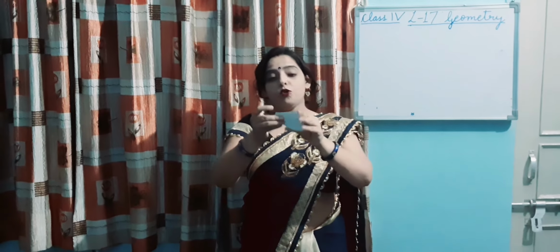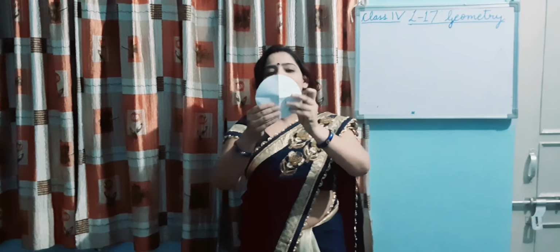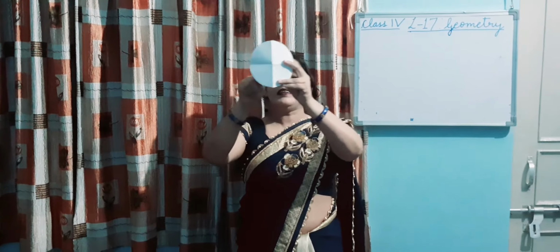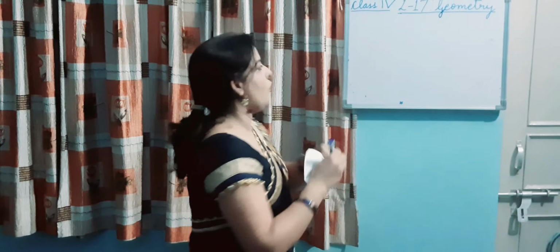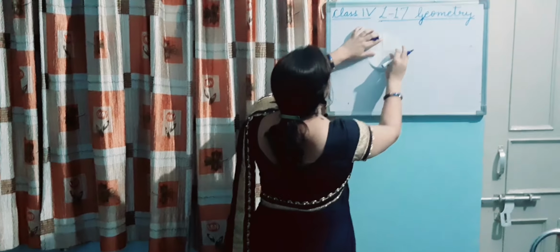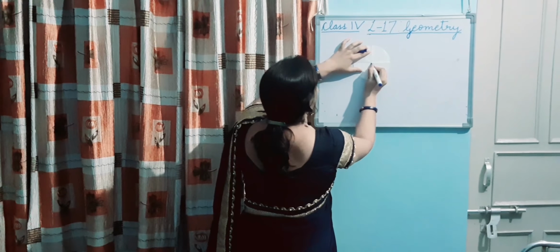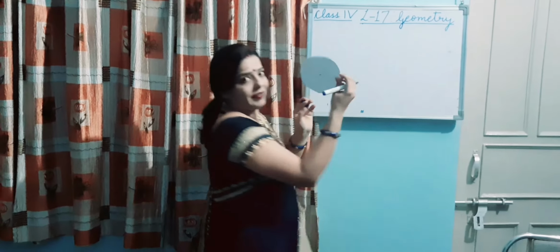Now when you open it, you will see a plus symbol in the middle, formed by the creases. Wherever it is intersecting, you mark a dot with a pencil, and that shows the center of the circle. Remember this thing.